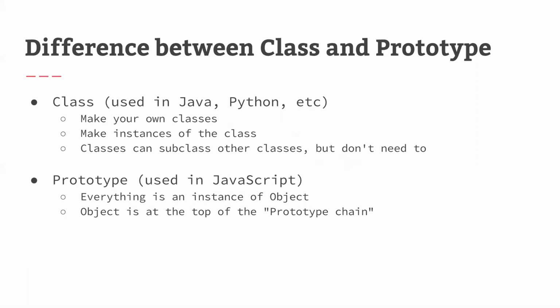And so every new data type that you make in JavaScript is based off of object. And we call it a prototype. So is a Boolean. So is a string.